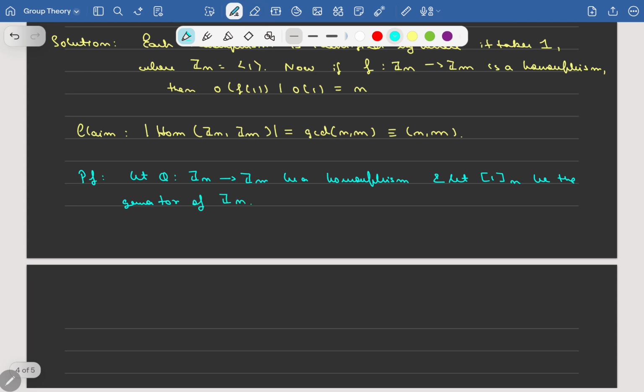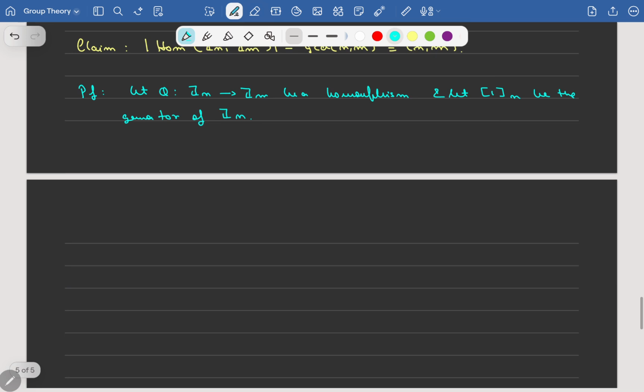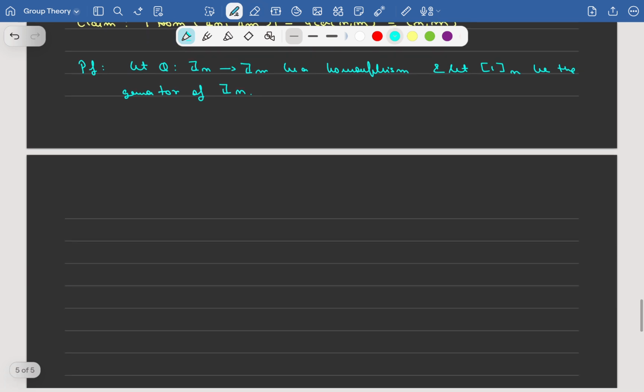Now, as I was saying, everything will be characterized by what is the image of this generator. So let the image of this generator be some residue class k in Zm. Okay, and obviously, k will be some element from 0 to m minus 1. Right.